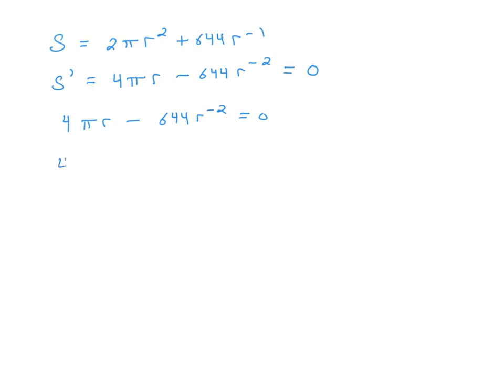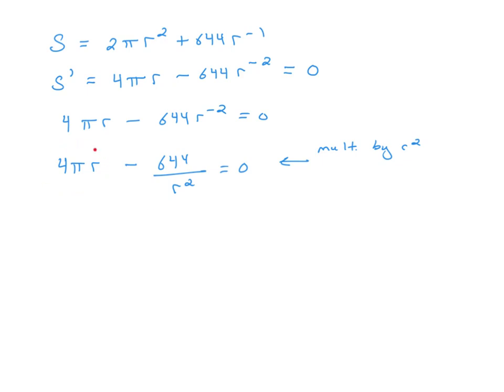So we have 4 pi r minus 644 over r squared is equal to 0. I'm going to multiply both sides by r squared, to every single term on both sides, because it'll cancel in the denominator here, taking care of any fractions.